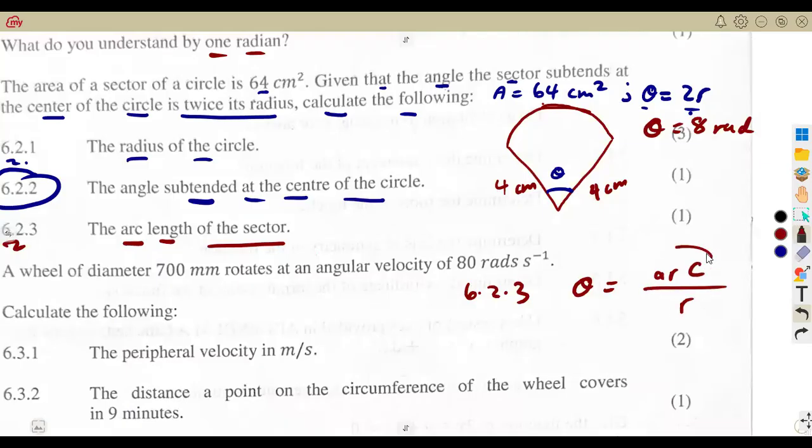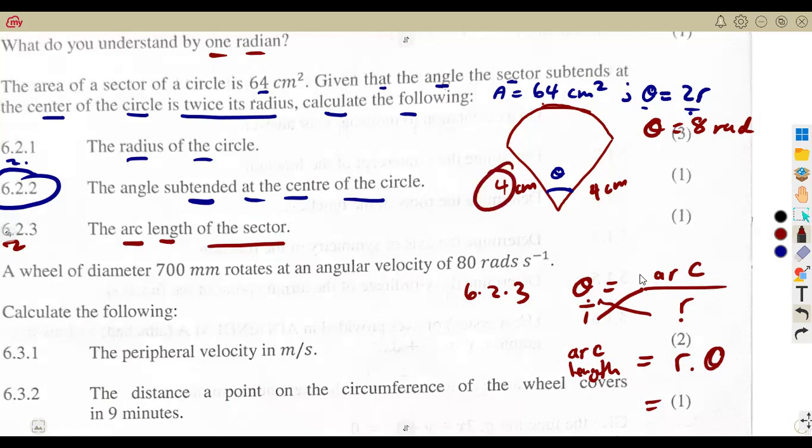The arc is the arc length. So we can find it by simply making it the subject, cross multiply. So meaning to say the arc length, which is our arc, is equal to what? Theta times radius. So it's simply radius times theta. Theta in radians. So what is your radius? You have it. That is 4 times theta. Remember, we calculated theta.